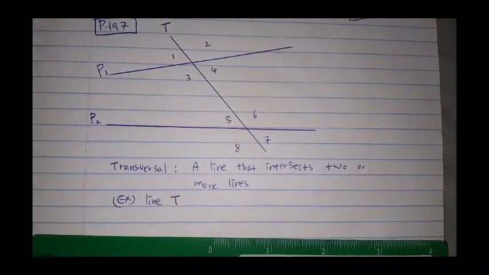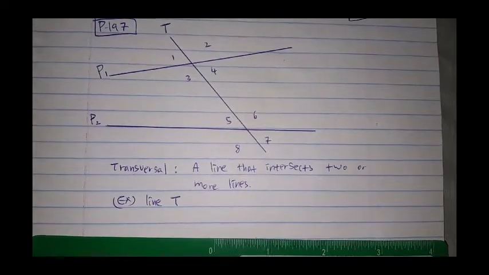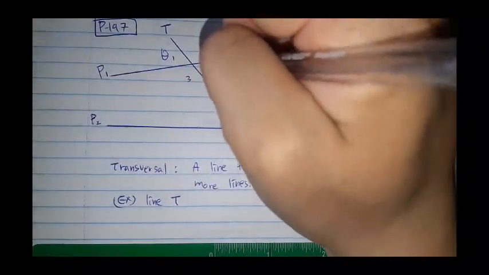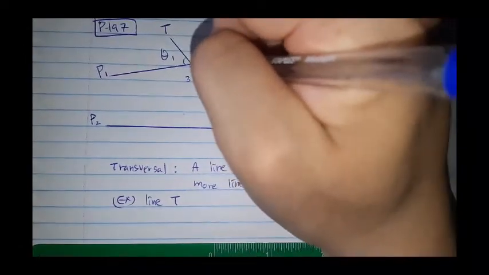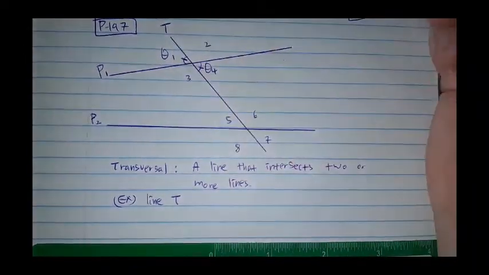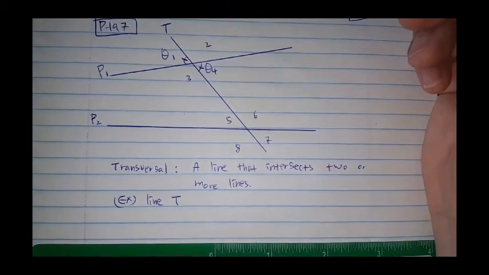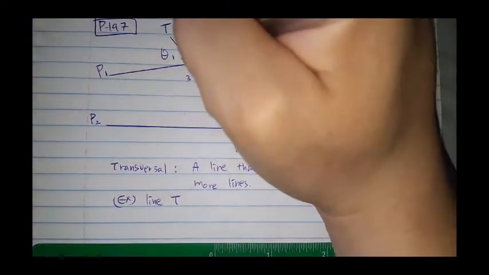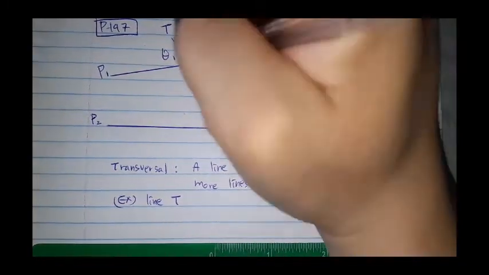Now at this point, I'm going to bestow my angle symbol theta. Theta 1, theta 4. As you may notice, I put a little bit of a tick in between because whenever you face angles created by two sets of lines, they're identical.